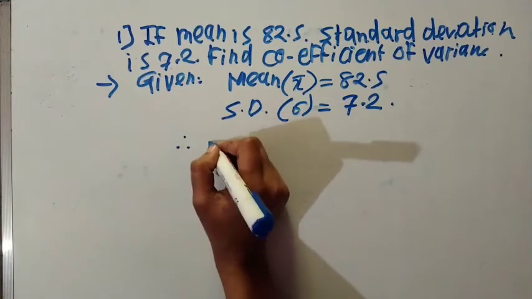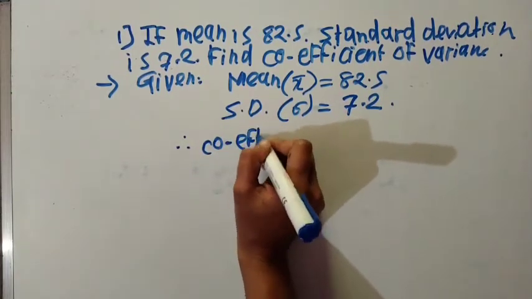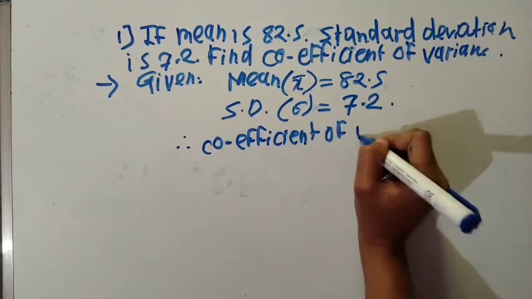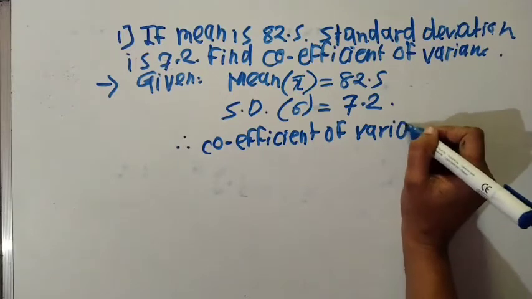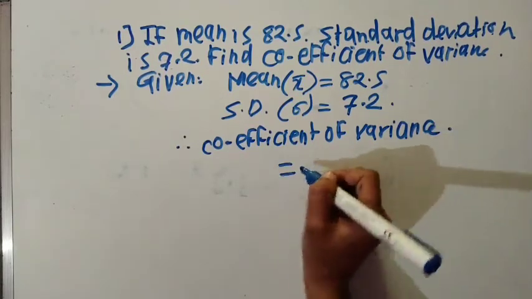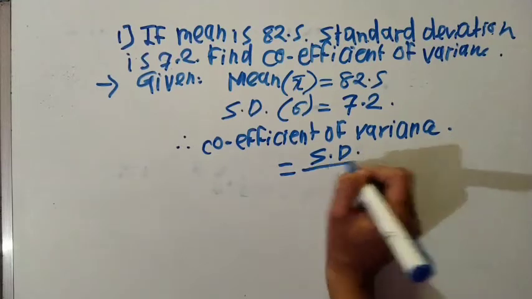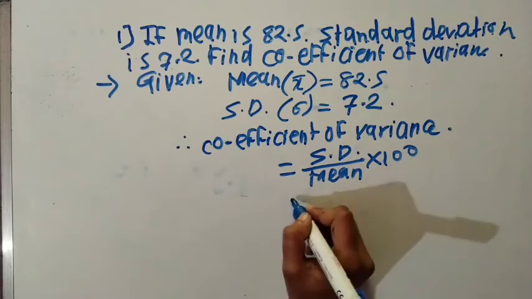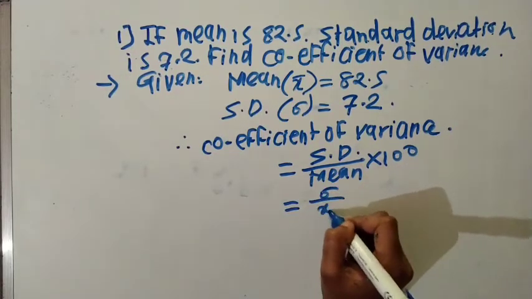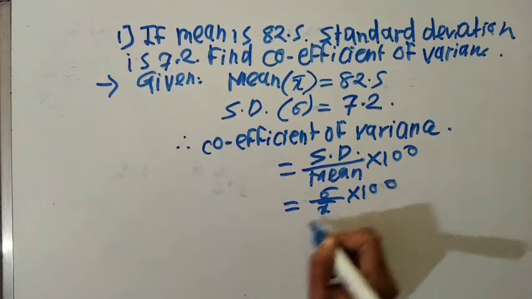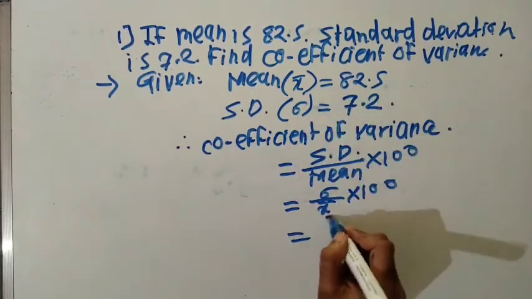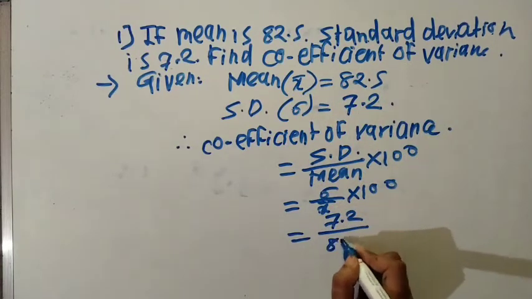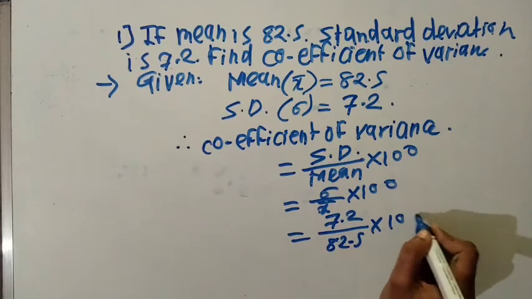By the coefficient of variance formula, coefficient of variance is equal to sigma upon x bar into 100. So sigma is 7.2 upon x bar, 82.5, into 100.